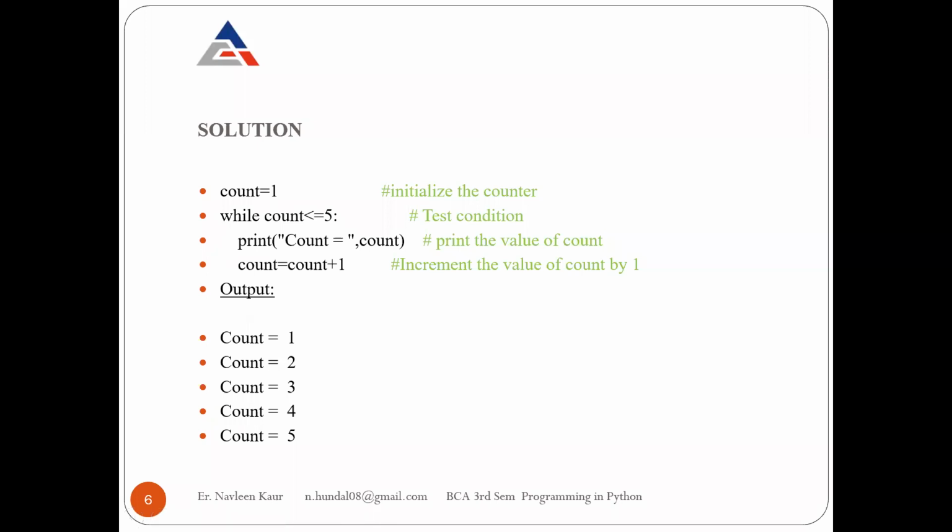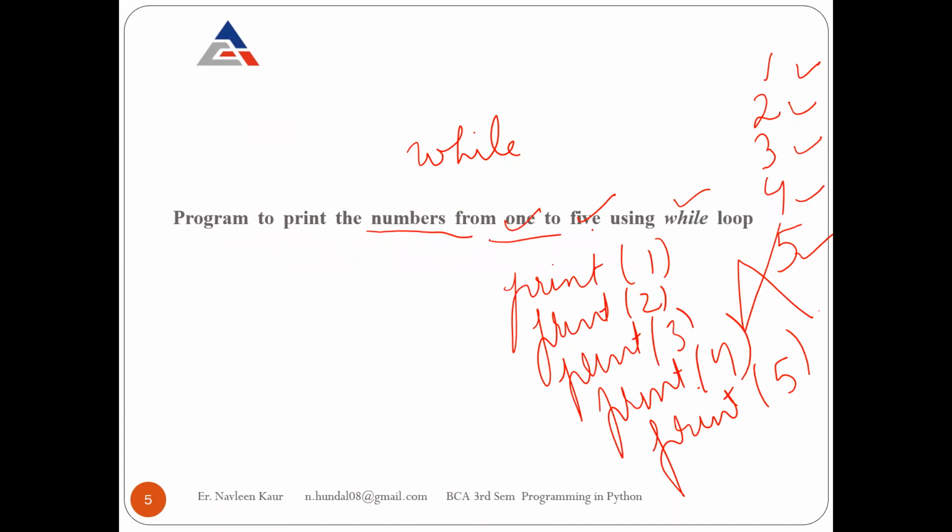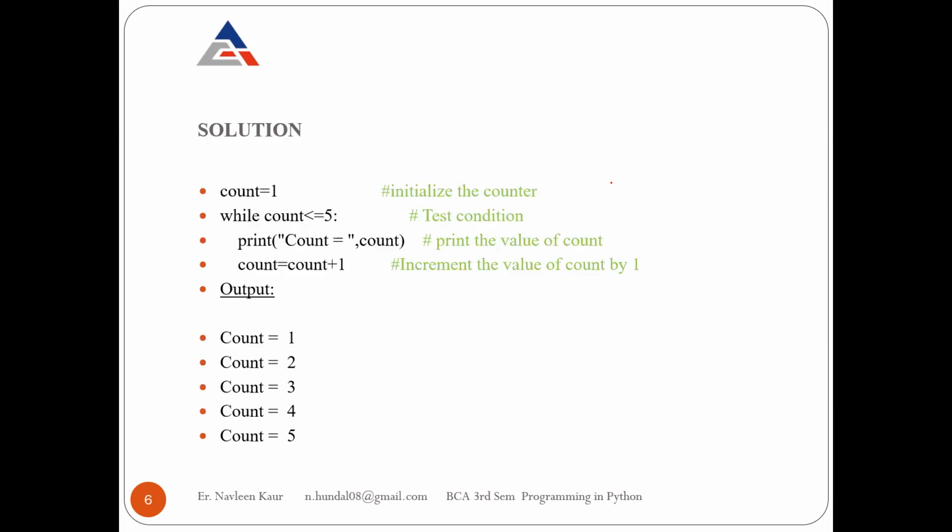So you know the while loop that I have told you, and in the program that we have to do, your program will first of all print which value? It will print 1, because it is written that you have to print from 1 to 5. It means first it will print 1. So in case of a while loop, you have to initialize the counter.